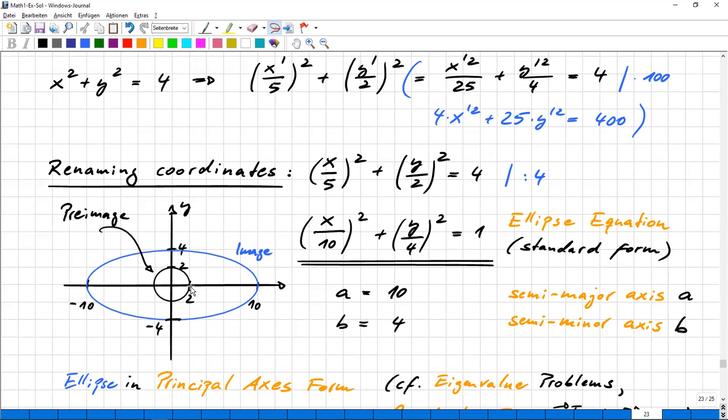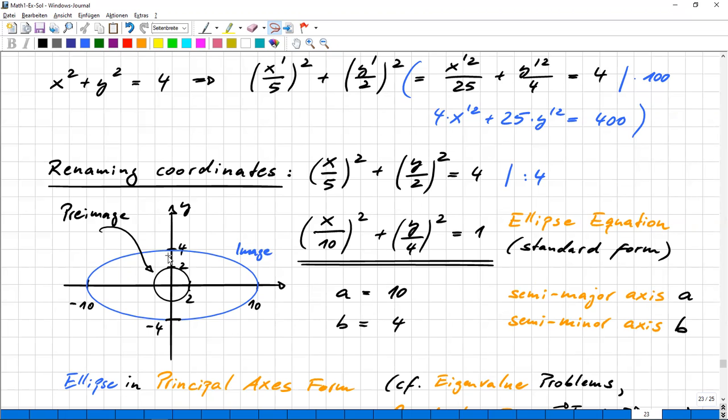And it obviously has been stretched by a factor of 5 in the x direction, and it has been, not squished, also stretched by a factor of 2 in the y direction. So the result is that the semi-major axis of this ellipse is equal to 10, and the semi-minor axis is equal to 4. So it's quite correct.